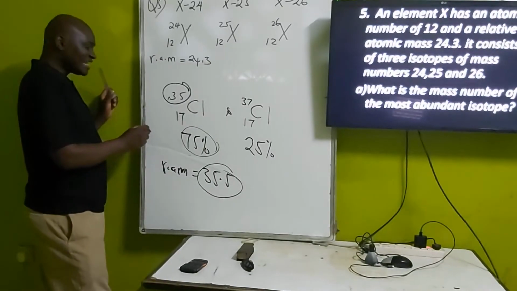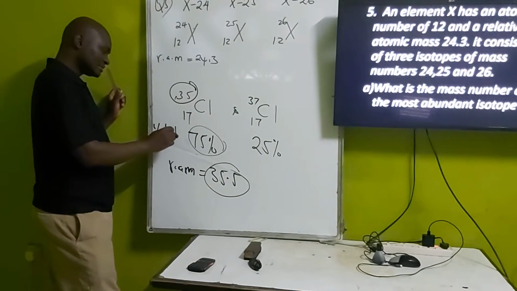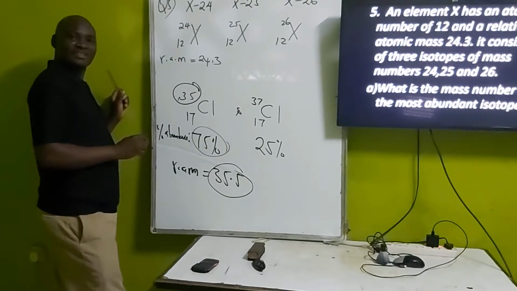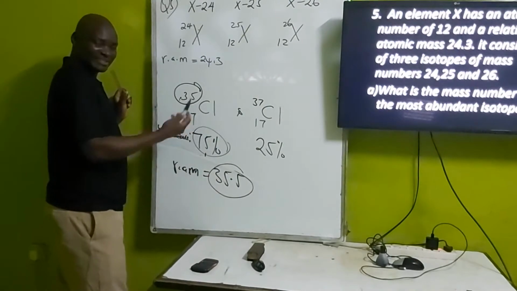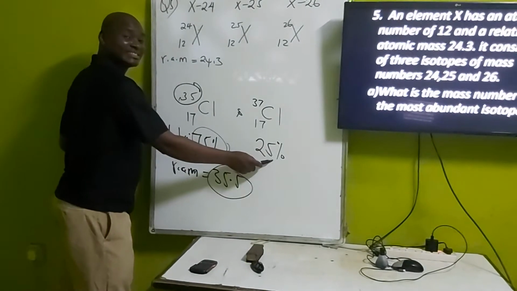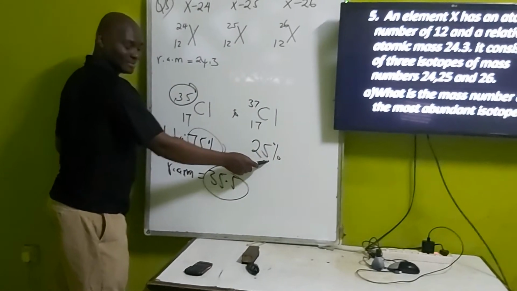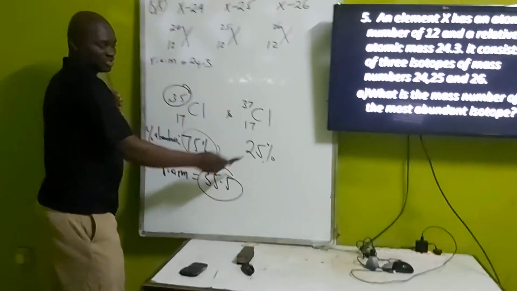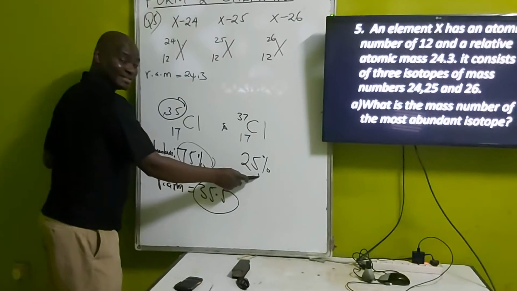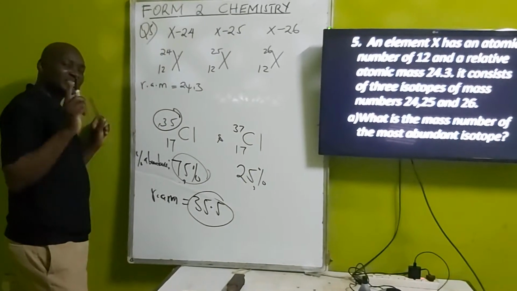These are the percentage abundance. This one is more abundant, higher percentage. This one is less or least abundant. Most abundant, large percentage. Less abundant. So, there's one concept here which is very important.